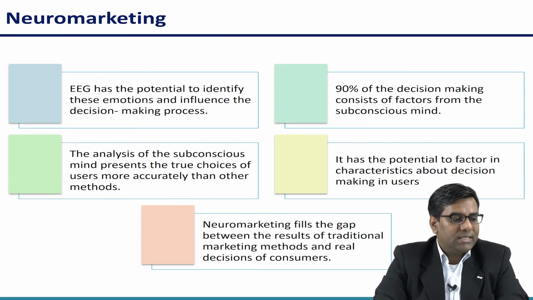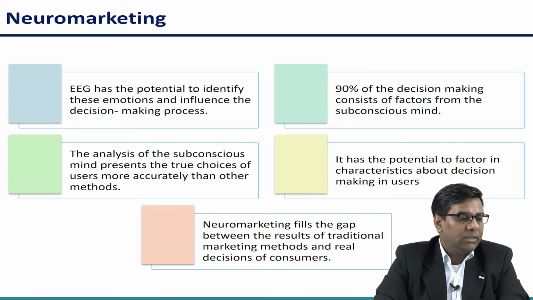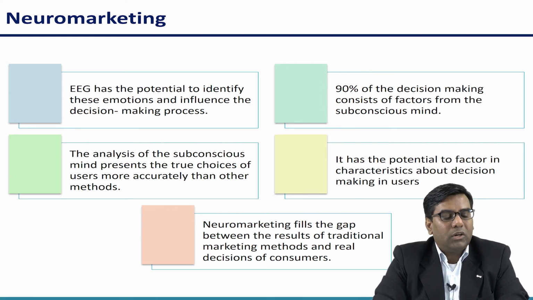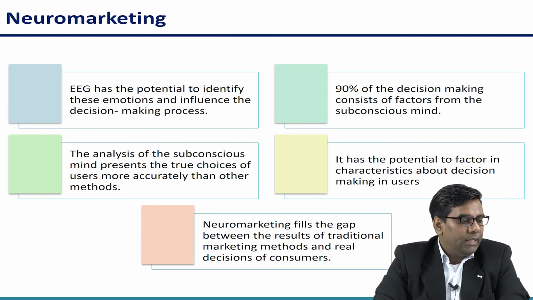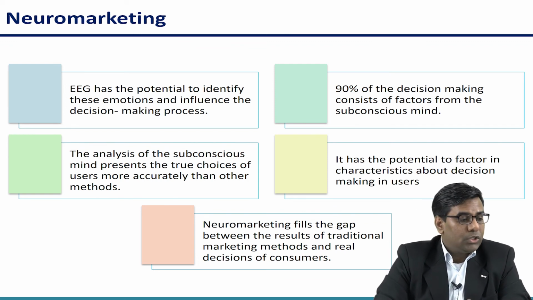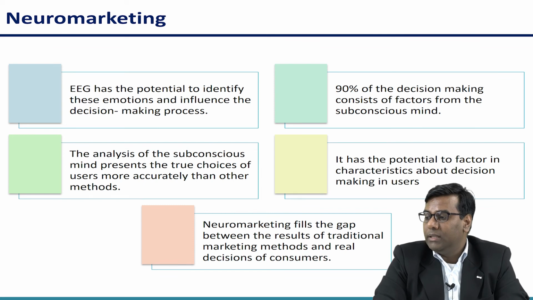These procedures have the drawback of not considering unconscious decision making characteristics, and it has been found with EEG that 90% of decision making consists of factors from the subconscious mind. The analysis of the subconscious mind presents the true choices of users more accurately than other methods.